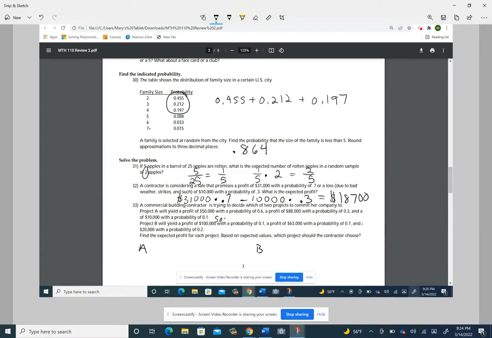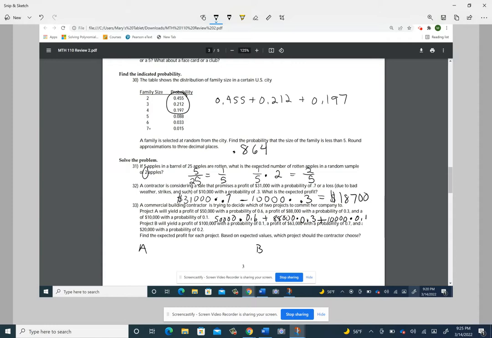So 50,000, probability of 0.6, okay, plus 88,000, times the probability of that, which is 0.3, and then plus $10,000, and the probability of that would be 0.1. Okay, so I'm going to multiply those out.